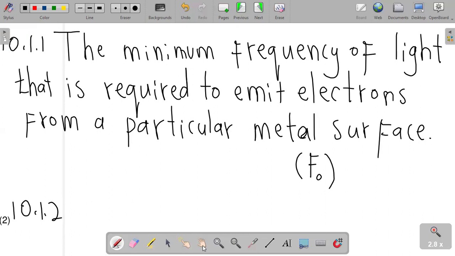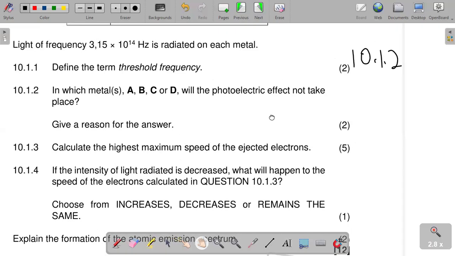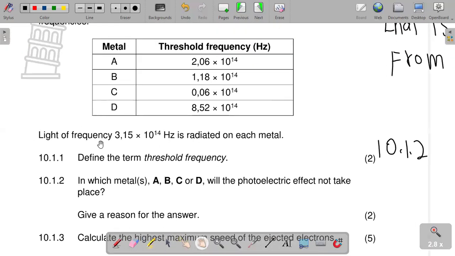10.1.2. Say in which metal or metals A, B, C, or D will the photoelectric effect not take place? And give a reason for the answer. Okay, so how can we tell? We must compare the frequency of light here to the threshold frequency.